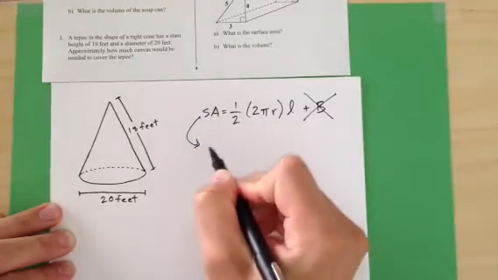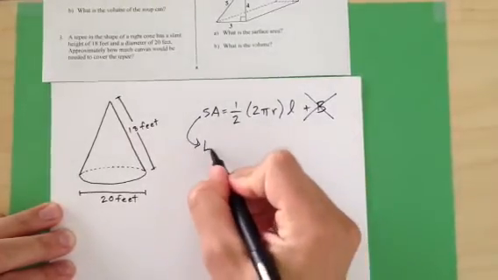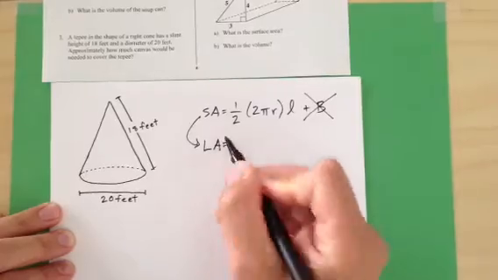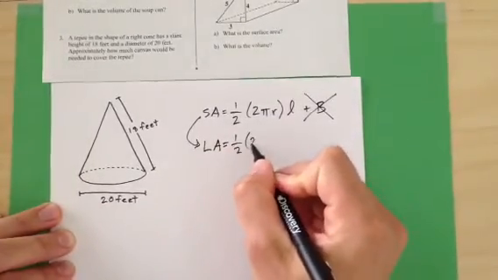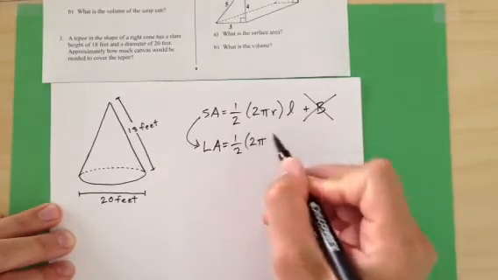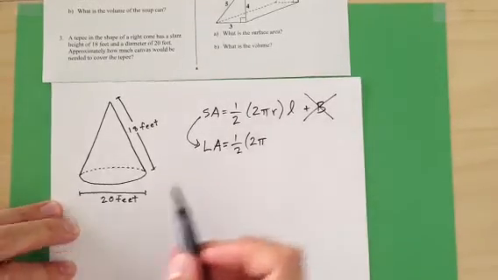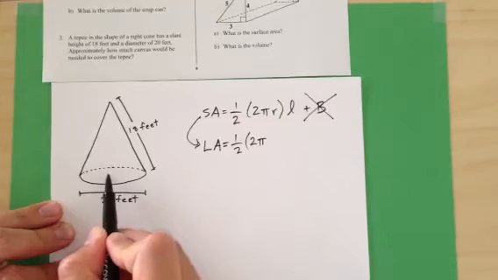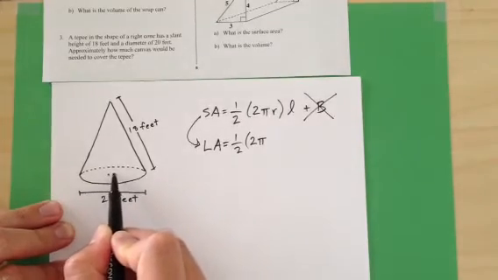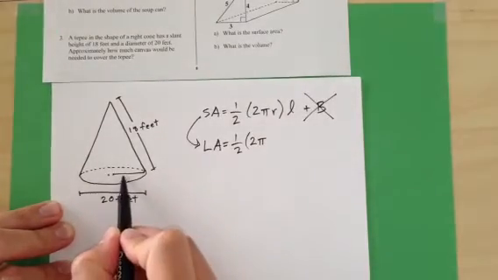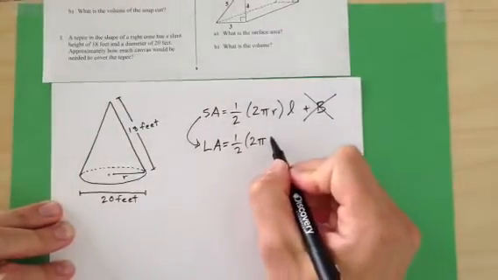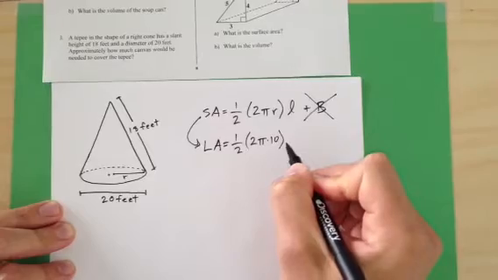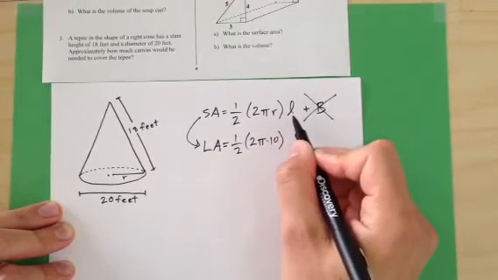So now I'm going to change, instead of SA, I'm going to say LA, which means lateral area, equals 1/2 (2 pi. Now what is R? It tells me the diameter is 20 feet. And I know that my radius is half of the diameter, so my radius is going to be 10. Times L is the slant height.